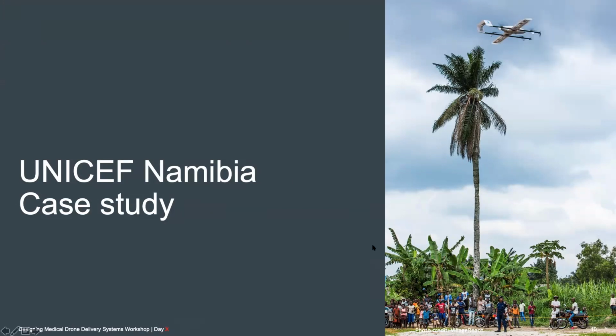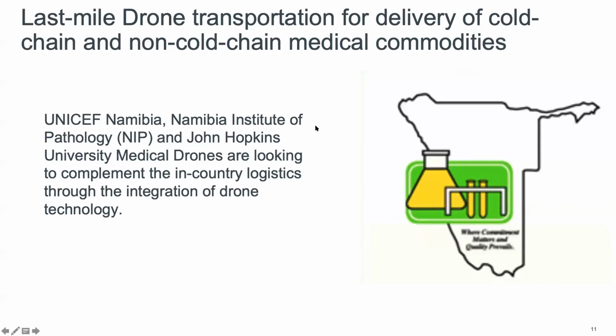Good afternoon. This is Pasil again from UNICEF Namibia. I'm here to present for you a case study for one of our medical drones network implementations. Next page. Yeah, so this is a last mile delivery drone system to deliver cold chain and non-cold chain medical commodities.